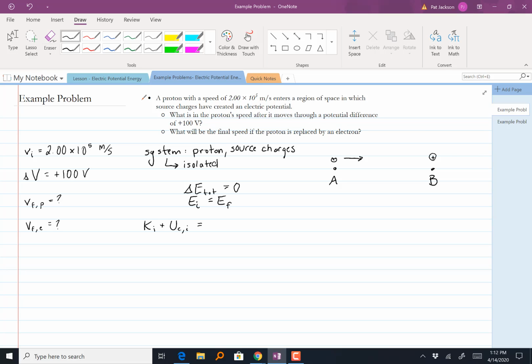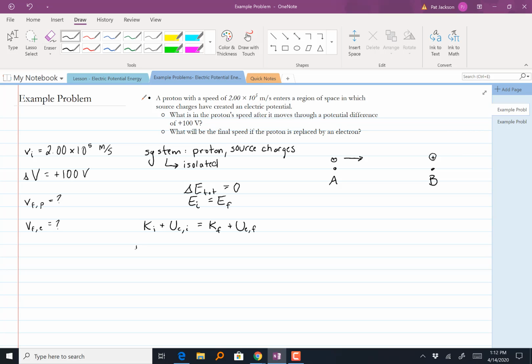And then in my final state, I'm looking for the speed after it moves through this potential difference, so that's going to show up in my final kinetic energy. And there's also going to be some electric potential energy in the final state associated with that voltage.